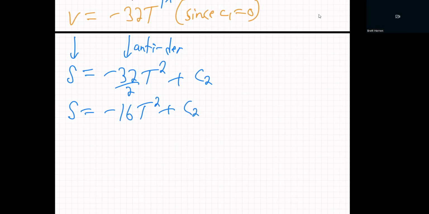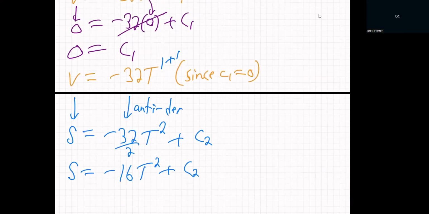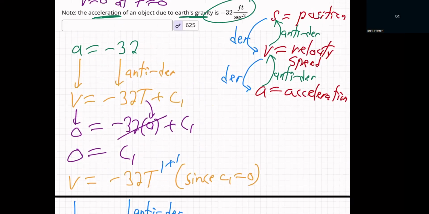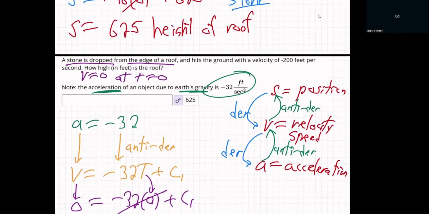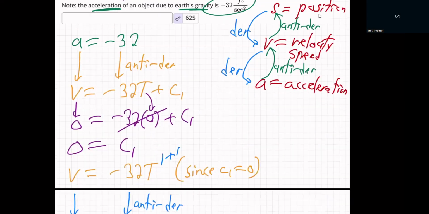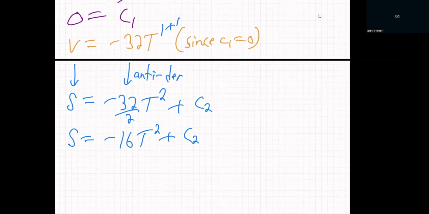Now, what can we do here? Well, we know that when the stone hits the ground, its velocity is negative 200. So I can take that velocity equation over here.